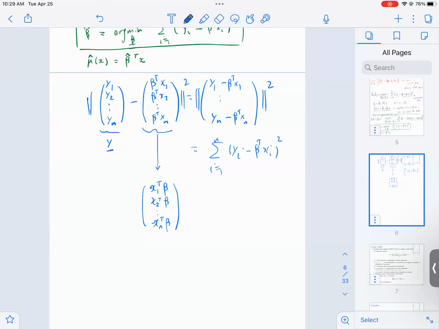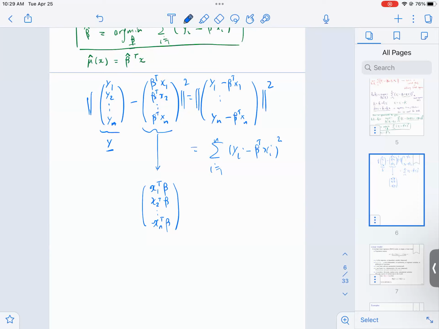Obviously, it's just the dot product, which is symmetric. It doesn't matter if I do it this way or the other way. Imagine you just multiply each entry and then add up.